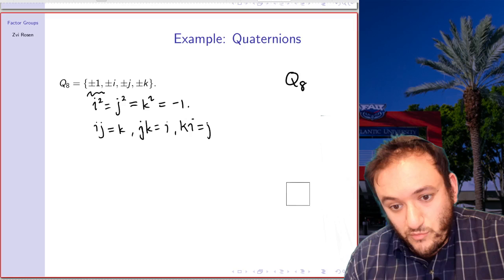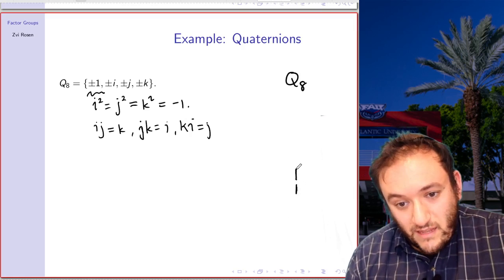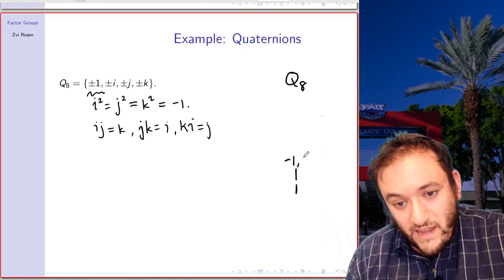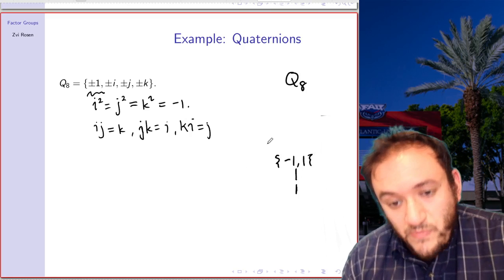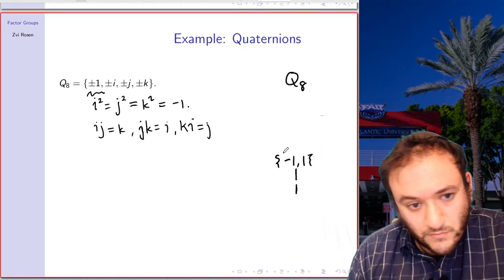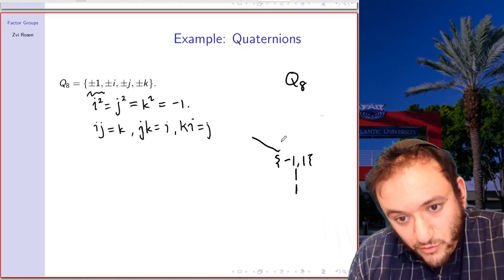Obviously, there's the group which just contains the identity element, which we'll call 1. And then there's a group that has minus 1 and 1. Under multiplication, minus 1 squared is 1, 1 squared is 1. Now, there are a bunch of other groups in between.